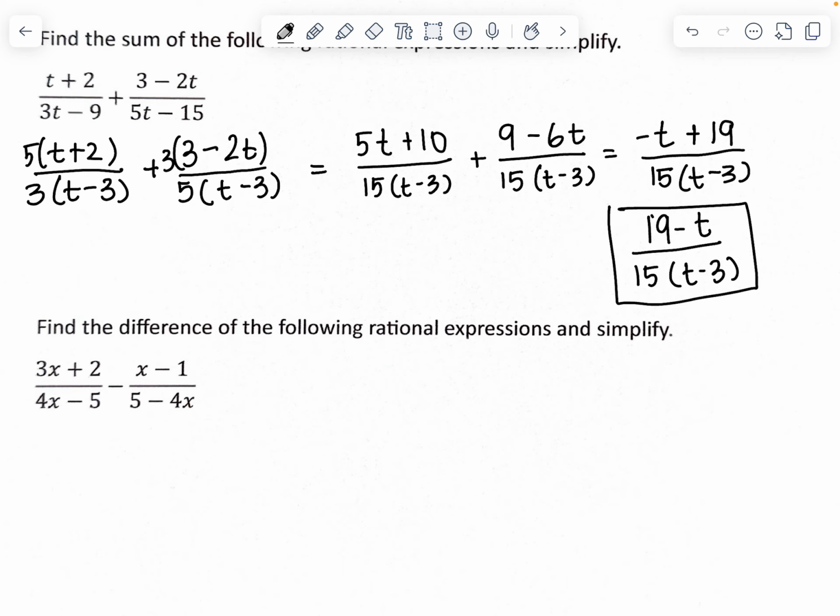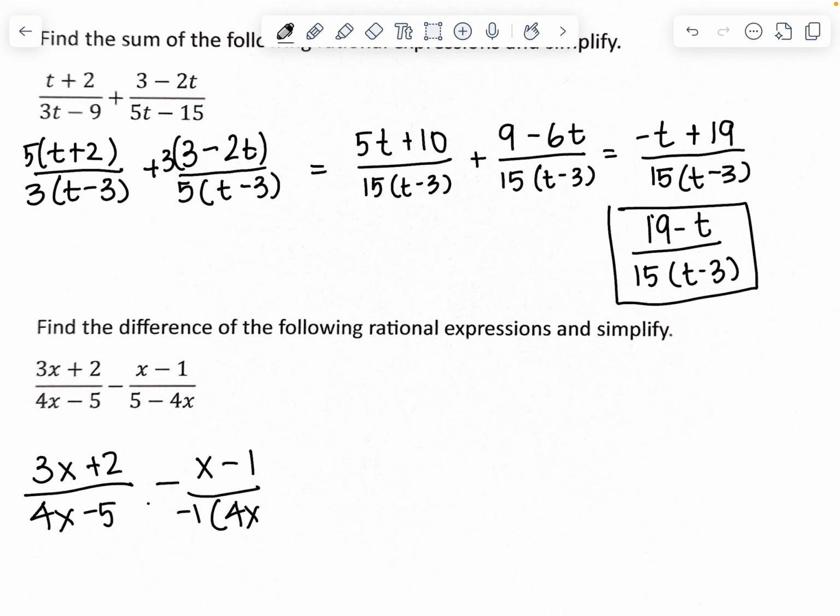Okay, so basically what they've got is if I take a negative 1 out of this bottom on this right one, so I end up with over 4x minus 5 minus x minus 1 over negative 1.